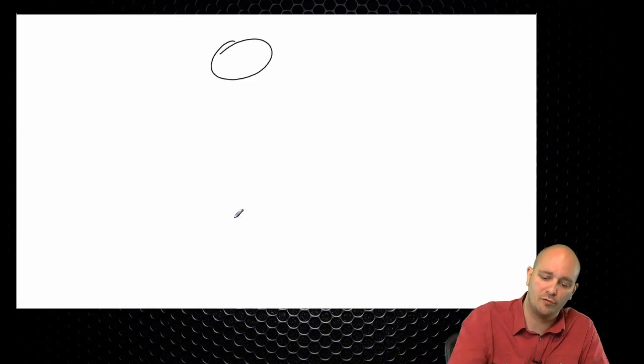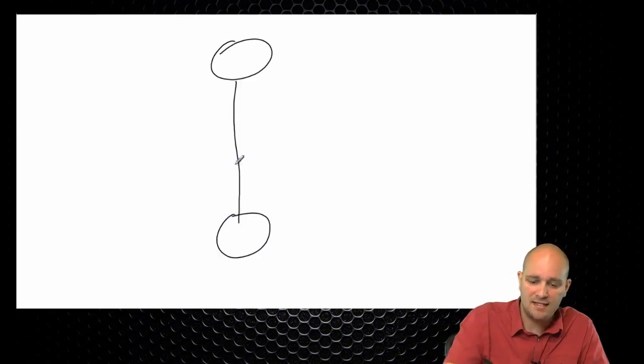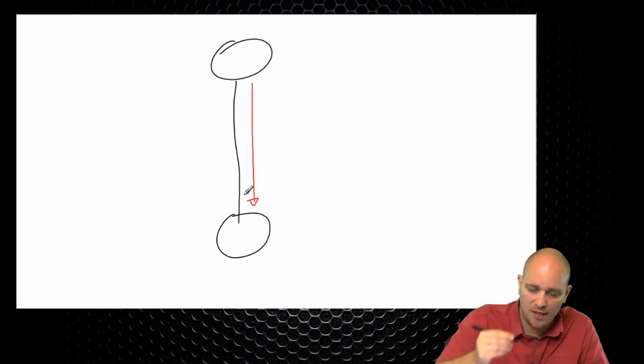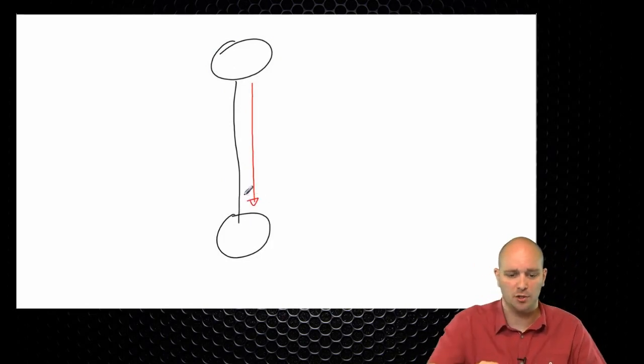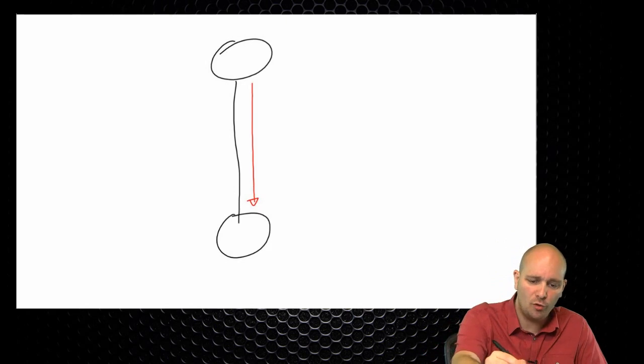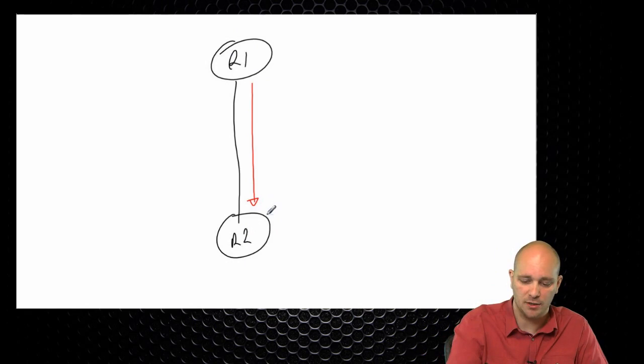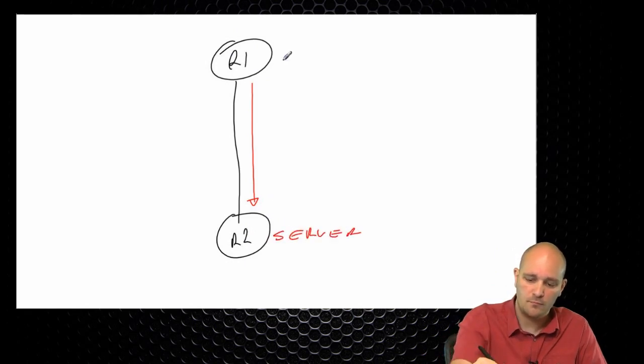When you have two routers that are configured for PPP authentication, it's important to remember that authentication in PPP is always unidirectional. So for this direction of authentication, let's say here that we have R1 and here we have R2. For the purpose of PPP authentication, this is the server and this is the client.